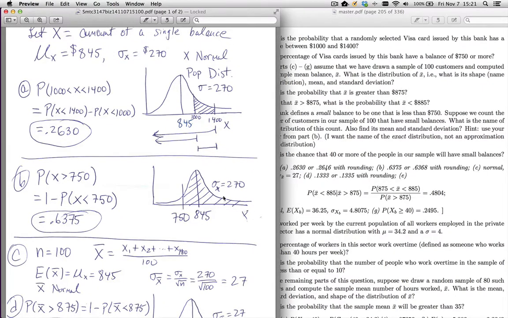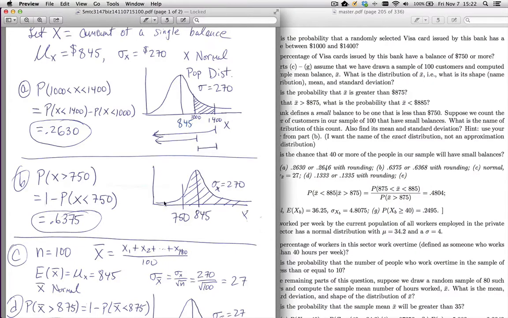Well, let's go draw this again. It's the exact same normal curve. This is a distribution of X. It's the population distribution. We want to know what's the chance that we're to the right of 750. Well, again, R and Excel and normal tables only answer less than questions, so we have to use the complementary rule.